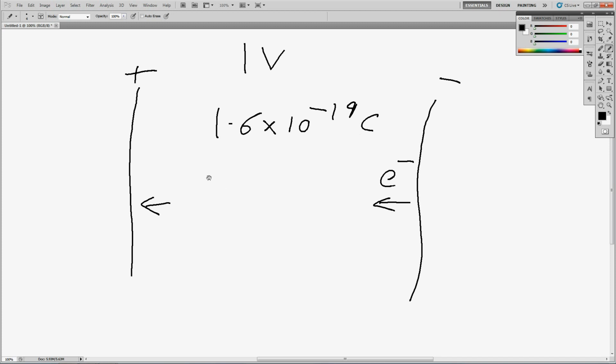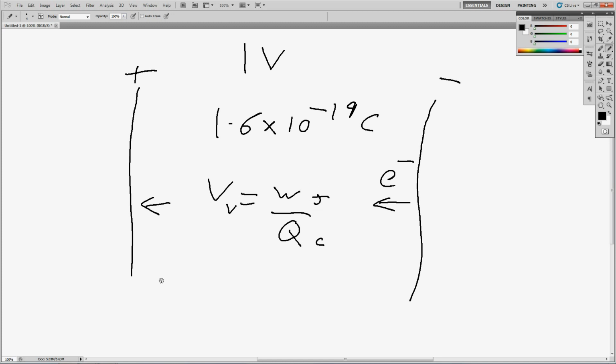If we have a look at the equation which relates voltage, energy and charge, we know that voltage is work done per unit of charge. So this would be in volts, this would be in joules, and this would be in coulombs. If 1 electron volt is the amount of energy that 1 electron gains from passing across a potential difference of 1 volt, then we can put in 1 volt here, and 1 electron's worth of charge down here, 1.6 times 10 to the minus 19, and work out how many joules that's equivalent to.